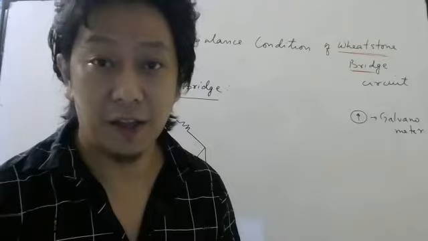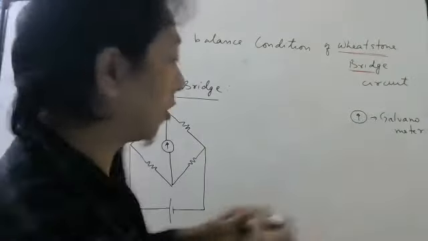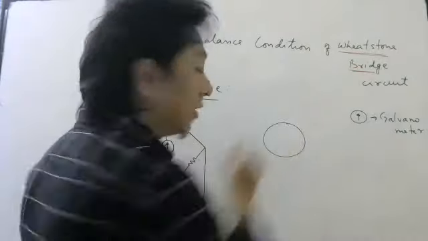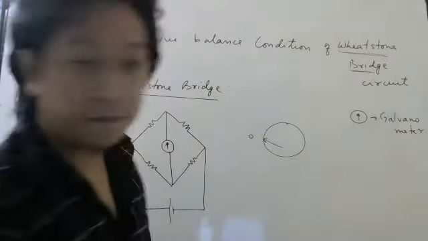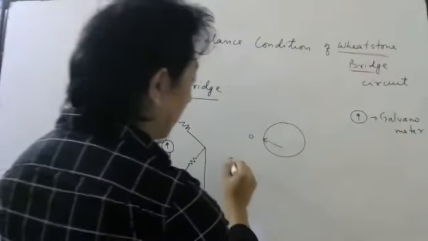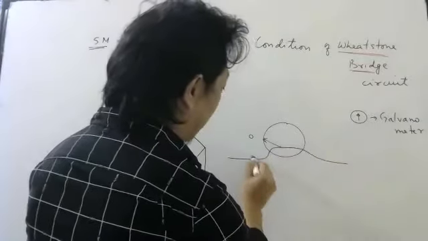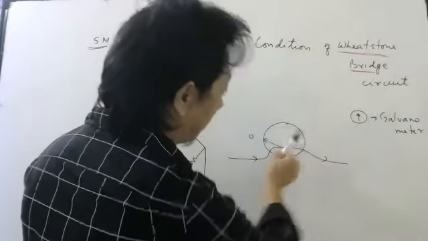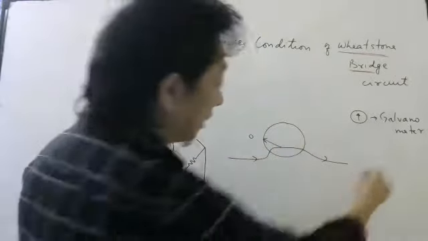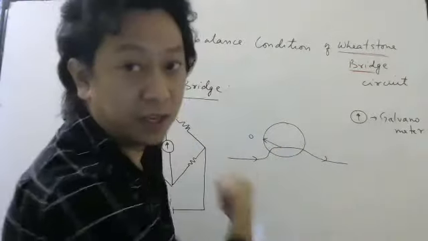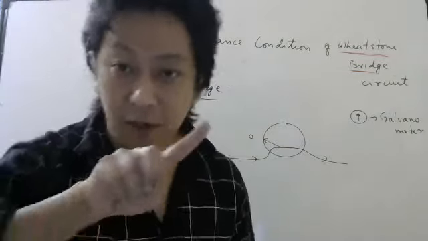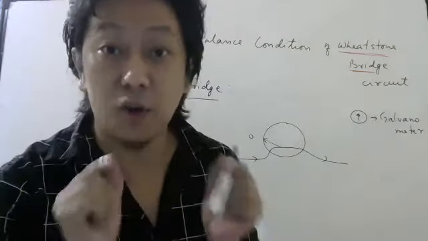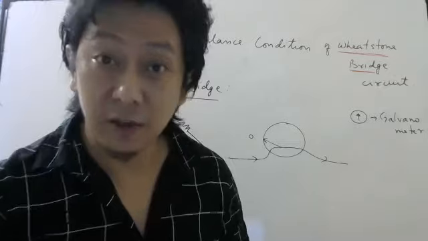Ammeter cannot do that. Ammeter's needle will be at the bottom. So if this is your ammeter, the needle will be here, at 0. If you send current in the proper direction, the needle will deflect like this. But if you send current in the opposite direction, the needle cannot deflect. So in ammeter, the needle will not deflect if you connect it wrongly.